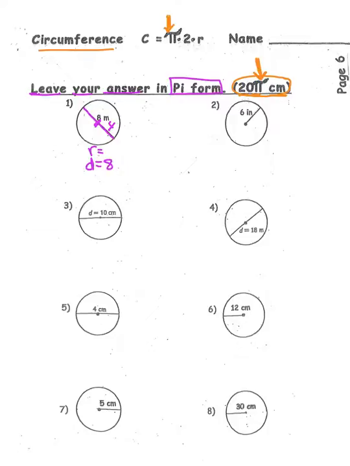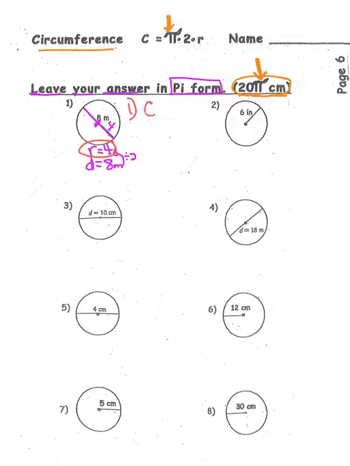If 8 centimeters represents your diameter length, as we cut that in half, or divide by 2, we get a radius of 4. And it's actually the radius length that we need for the formula. So let's record the formula next to the circle.